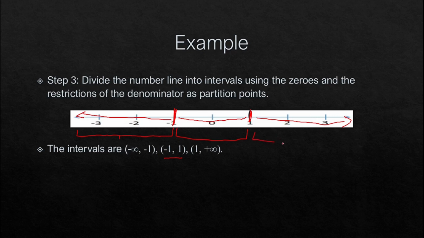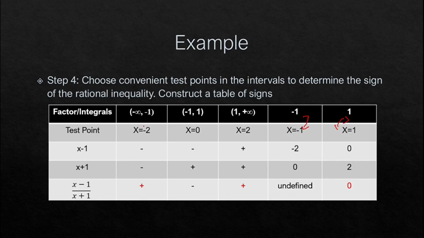Para sa dito, sa 1 and positive infinity, just pick any x value that will fall in line in the intervals. Pwede kasi it will still result in the same signs dito sa baba sa table of signs, basta it falls in line with the same intervals lang. Pwede ka din maglalagay ng negative 3, negative 4, basta it falls in line with negative infinity to negative 1.